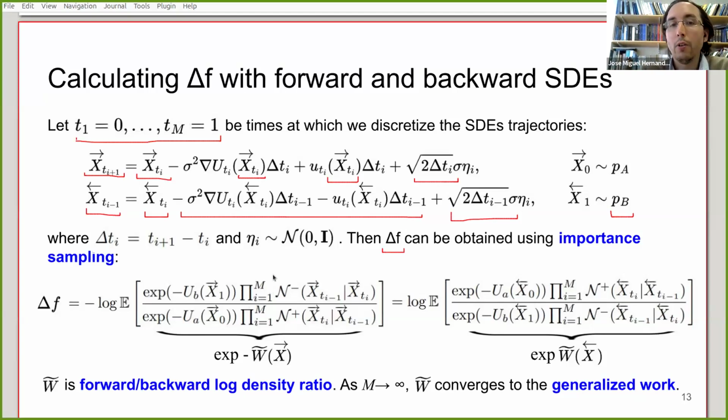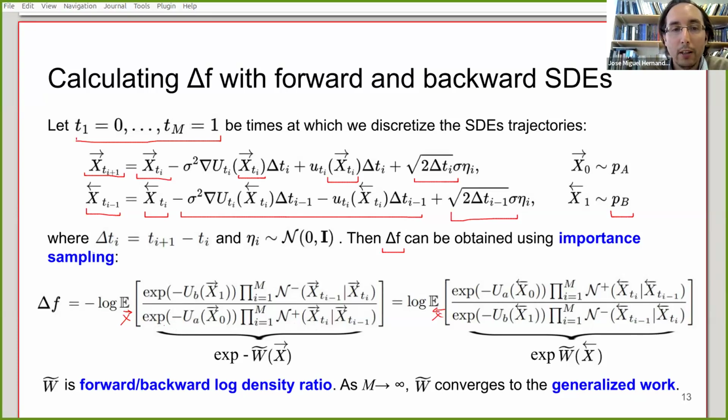But now, instead of working on samples directly in the original space, now you work with all the samples that you generated in these discretized trajectories. Okay, this would be an expectation with respect to the samples generated in the forward direction. This is in the backward direction. You can use importance sampling. You are sampling now from the forward SDE.